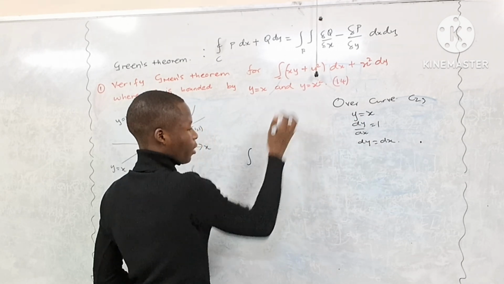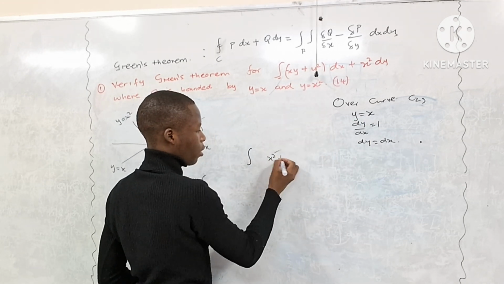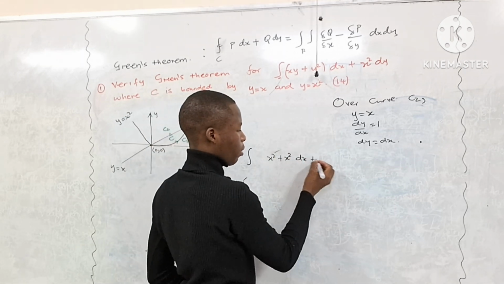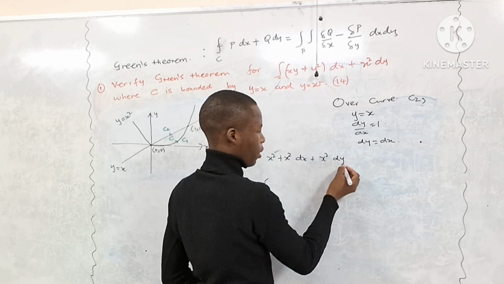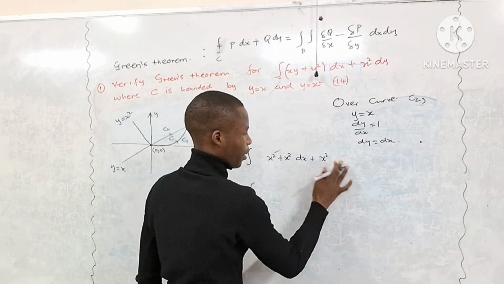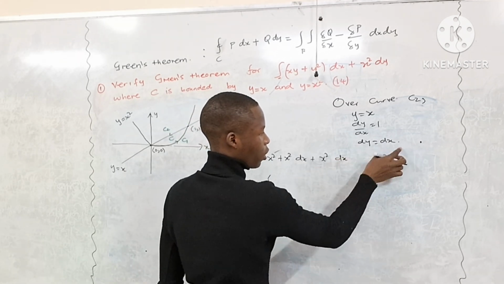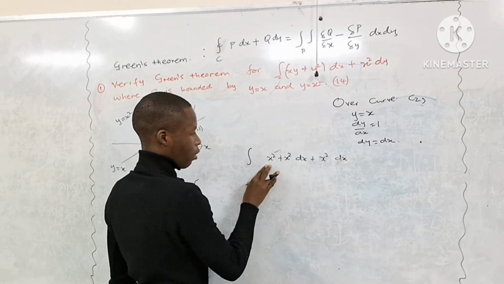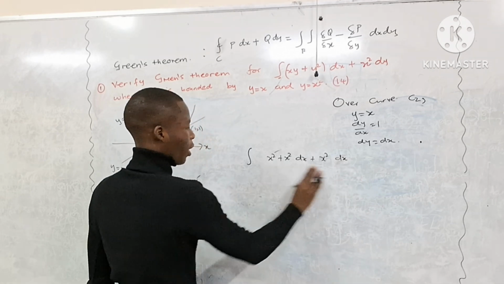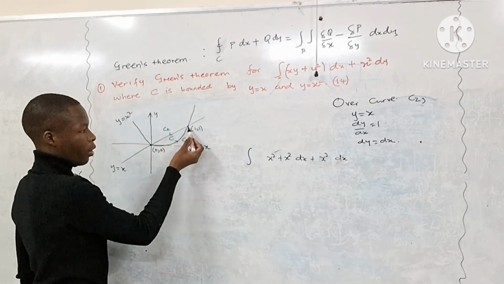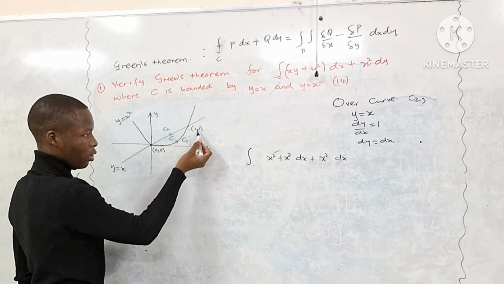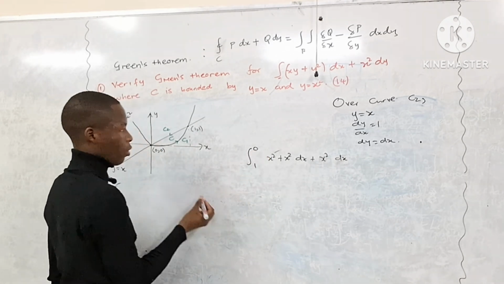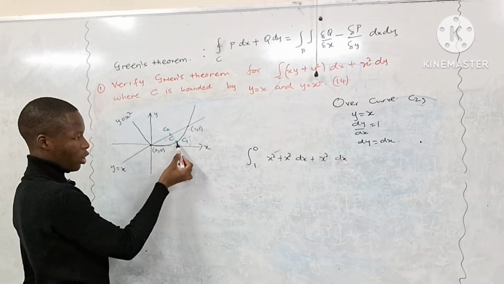So this becomes x squared plus x squared with respect to dx plus x squared dx. Remember, dy is equal to dx, so you're going to write dx. The function is now in terms of x. So what are the limits? The lower limit of x is 1 and the upper limit of x is 0, because we are moving from here to this.